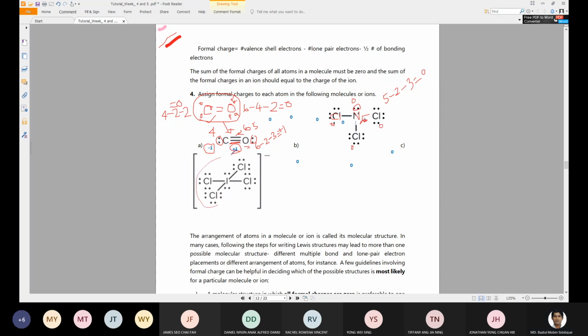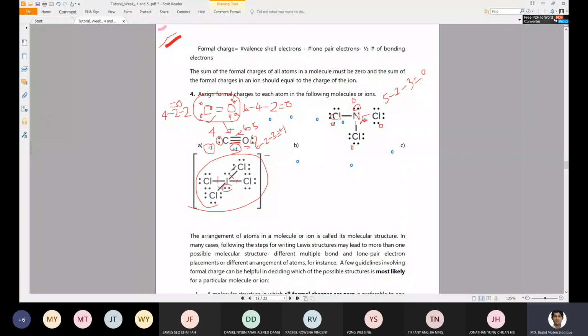And for iodine tetrachloride as well, we can make this iodine tetrachloride Lewis structure in this way. When you make this iodine with 4 bonds, each to chlorine, that makes 8 electrons. Don't be freaked out, or don't be too sure that you have already made up the octet for iodine, because you have to count the total valence electrons.